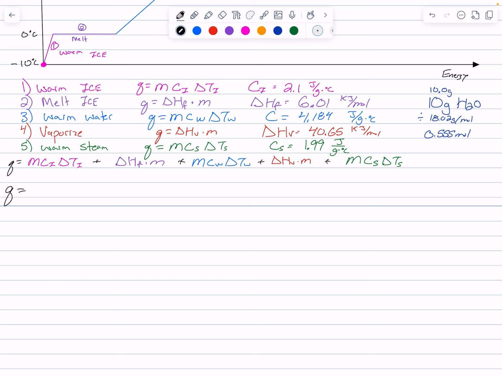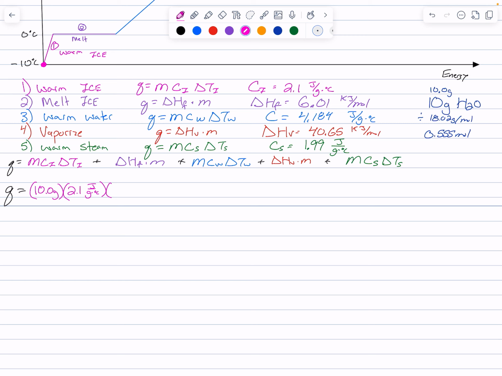Okay? So now we can plug in some numbers. Q equals our 10 grams, our 2.1, and the delta T. Now, technically it's final temperature minus initial temperature, right? So it's 0 minus negative 10 if we do it that way. You can do it that way. You can keep everything as an absolute value.